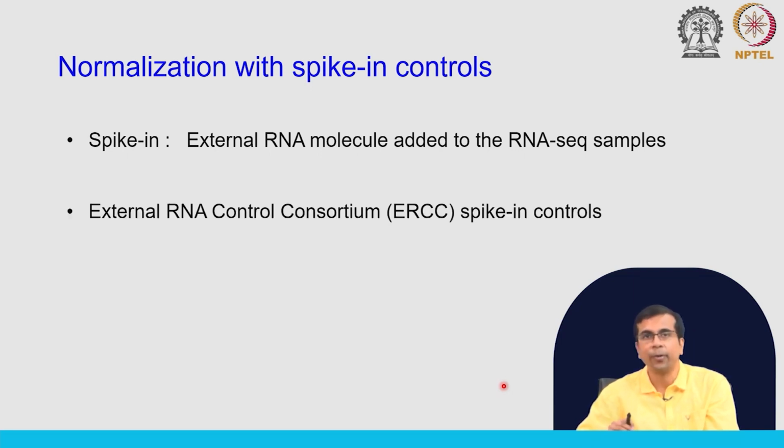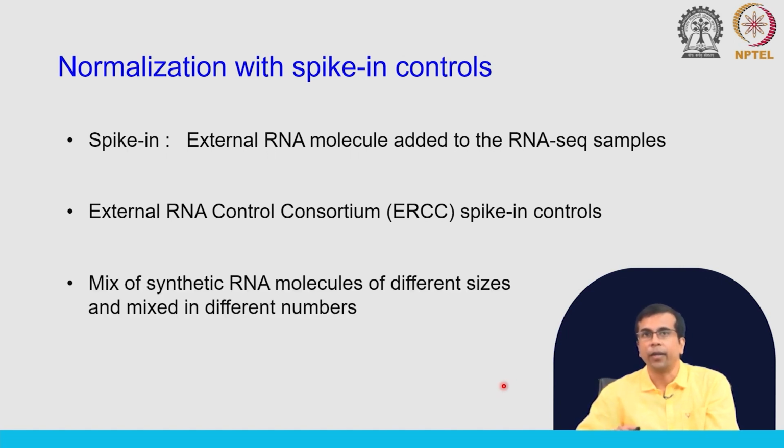The question is, why do we add them? There is a consortium that has designed these spike-in controls. These are synthetic RNA molecules, designed so that they do not show any similarity with RNA molecules that are present in organisms. You will see the term ERCC spike-in controls or ERCC spike-in mix quite often, and you now understand what these mean.